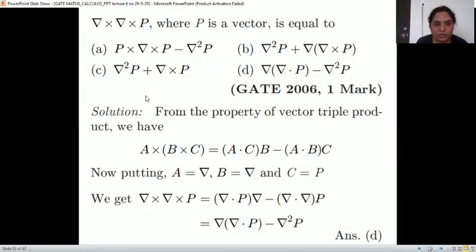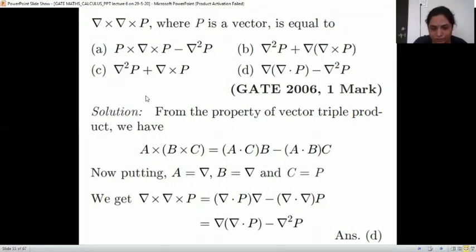Del cross del cross P bar, where P is a vector, is equal to. This is a vector triple product. And I told you, for vector triple product, there is one hint. 1, 2, 3 is equal to 1, 3, 2 minus 3, 1, 2.